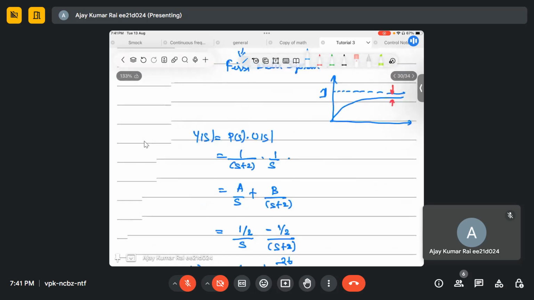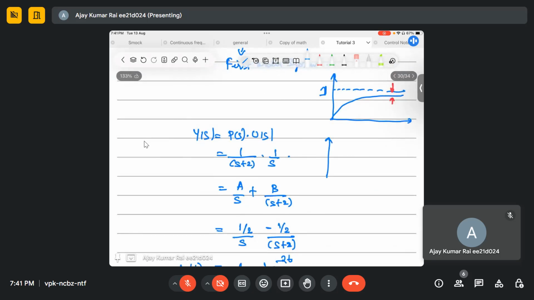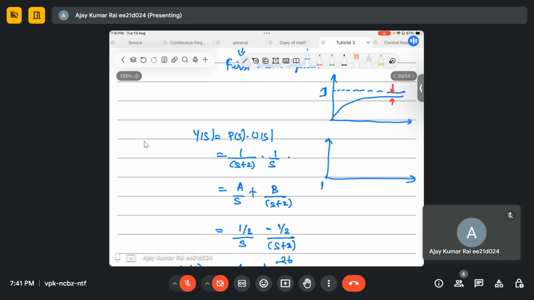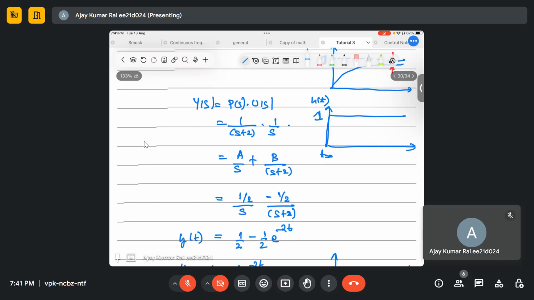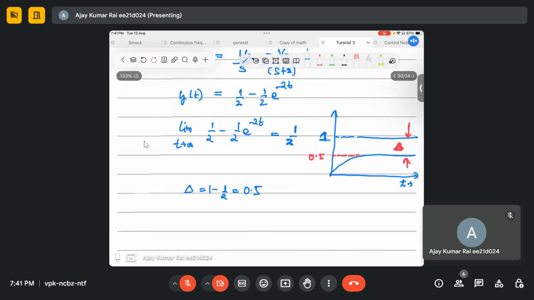Let me draw u of t here. It is like this. At t equal to 0, it is 1. This is your u of t, the step input. I have drawn both the responses in this.